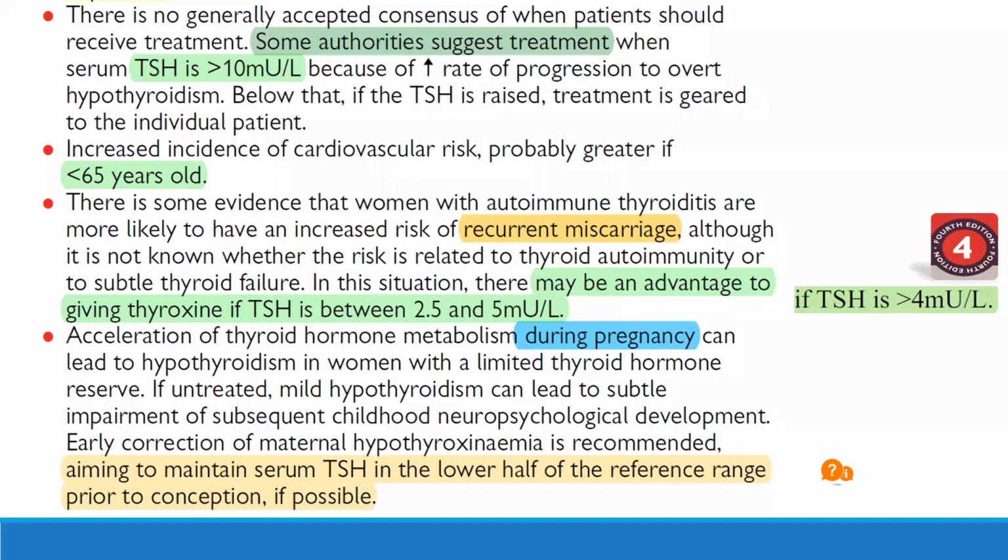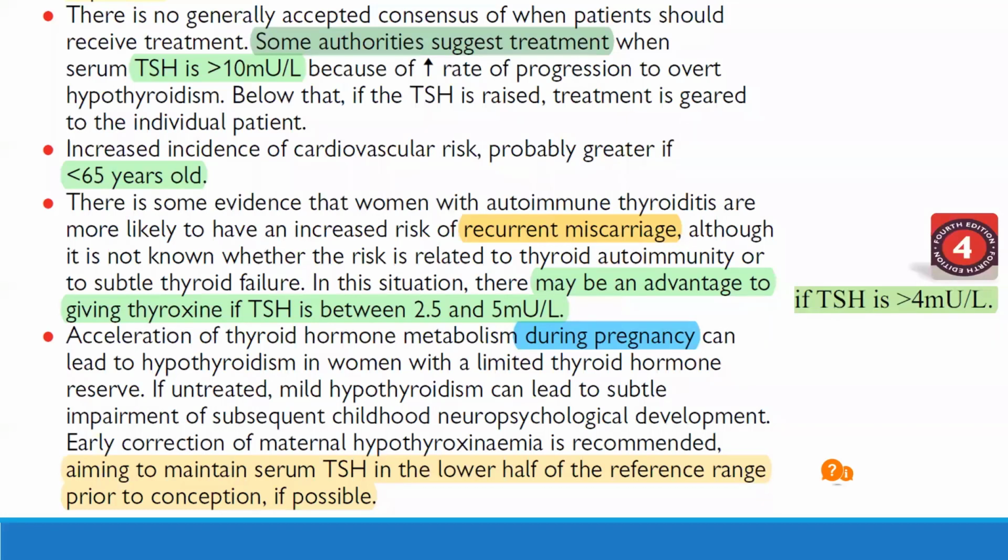And don't forget that with the elderly, treatment should be less than in non-elderly persons. So, ETA guidelines recommend treatment according to age. This is the first one. If the age is more than 65, don't treat except if TSH is more than 10 and symptomatic.